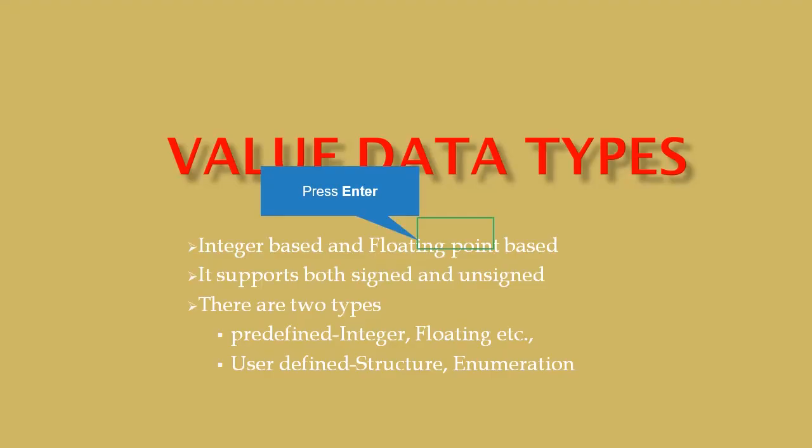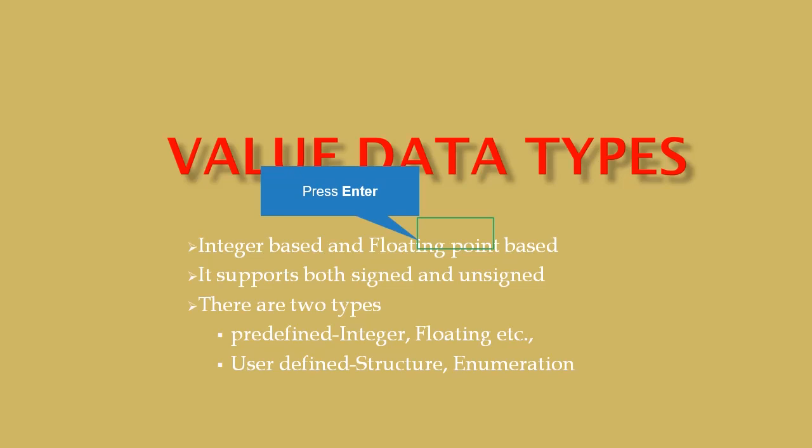We will discuss one by one. The first one is value data type. The first point is integer based and floating point based. Value data types provide two major categories: one is integer, the second is floating data type. In integer data types, we have different types: byte, short, int, long, and char.